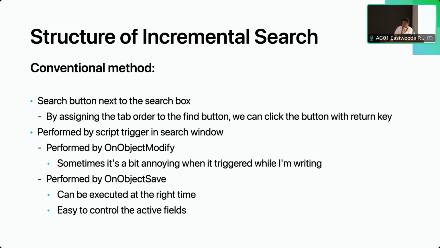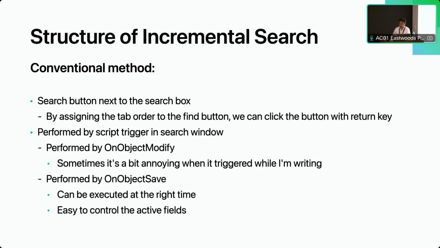As a result, if a step that involves leaving the field is executed, such as changing the layout, moving the records, or simply committing the records, the incremental search will run as an interruption at that point. The incremental search will run in the background.